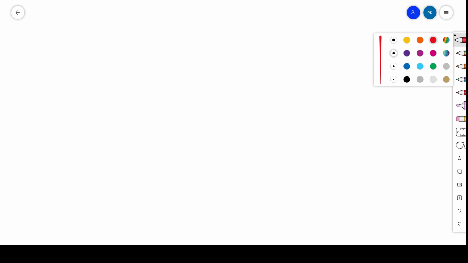Let us first take an example where we have the number 5.2 bar. Here this is also in mixed form. Why? Because we have 5 which is non-recurring, which has no bar on it, and then we have a decimal part after that. 5.2 can be simply written as 5 plus 0.2. Similarly, 5.2 bar can be written as 5 plus 0.2 bar, the only difference being that the bar means 2 is continuing.